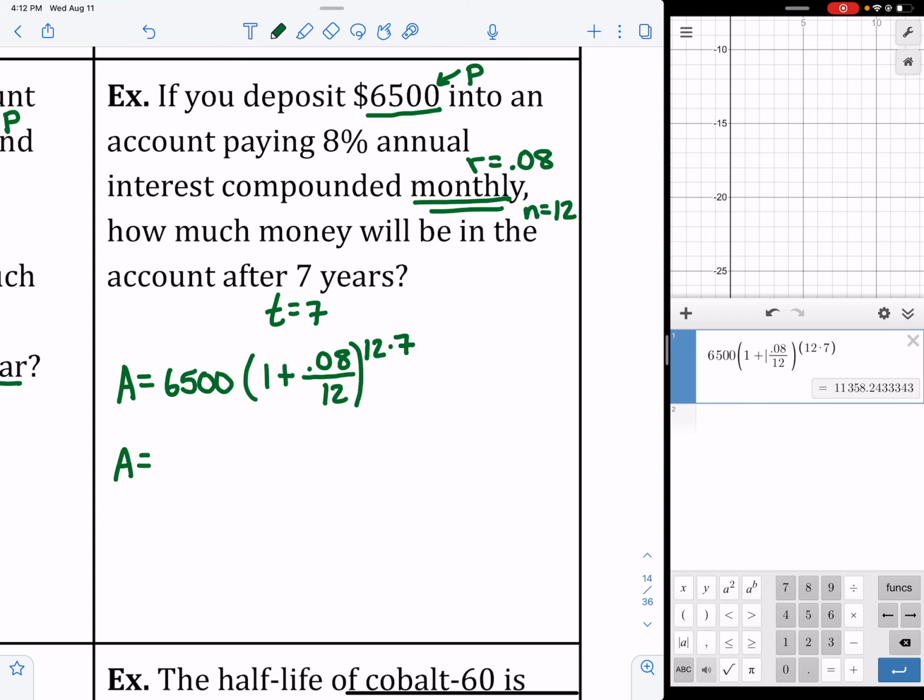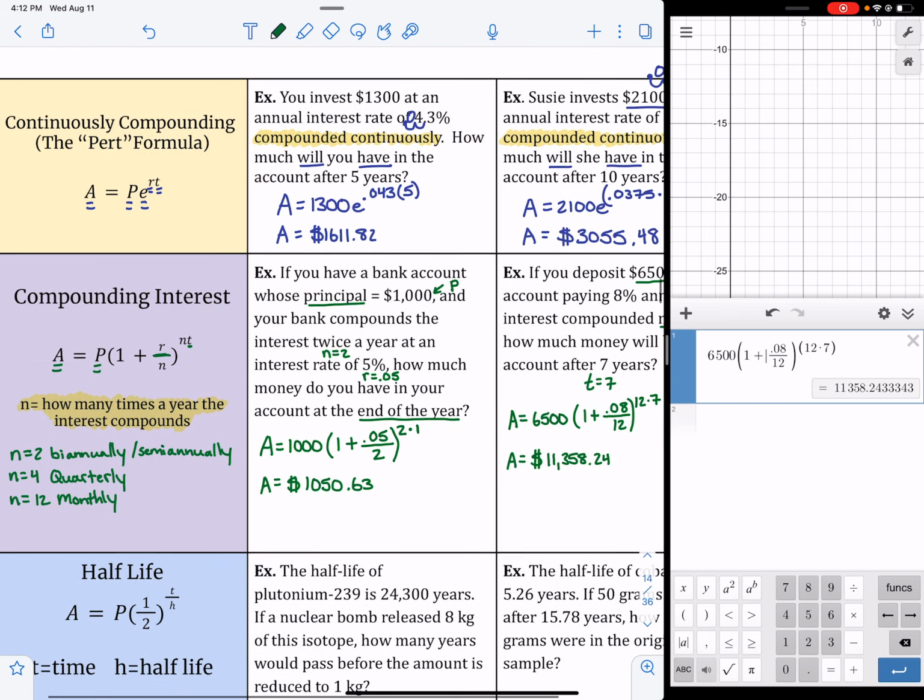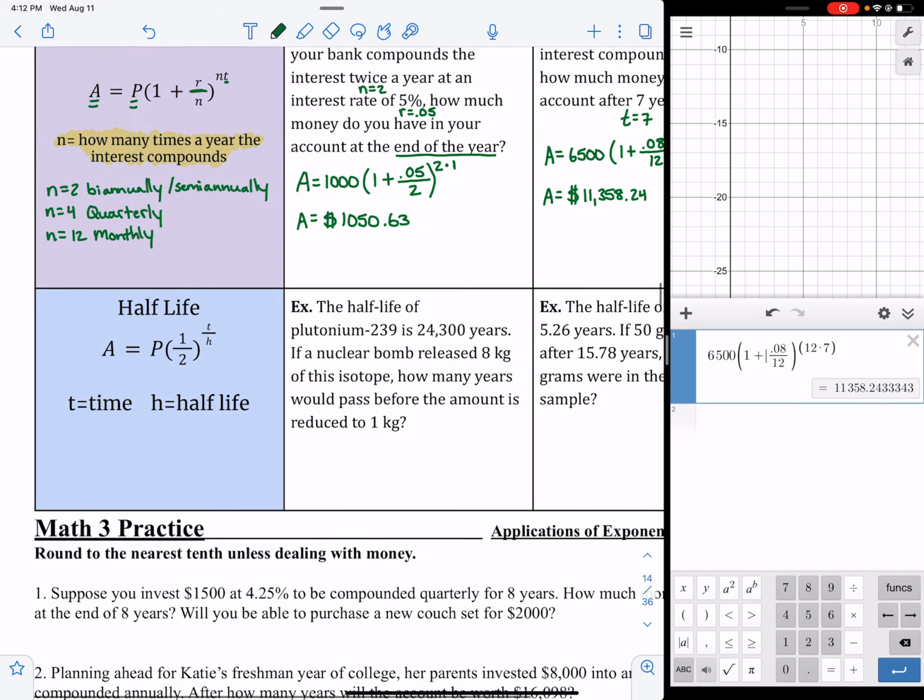That looks better. So 6,500, 1 plus 0.08 divided by 12, and then 12 times 7 is my exponent. So we would have a total of $11,358.24.